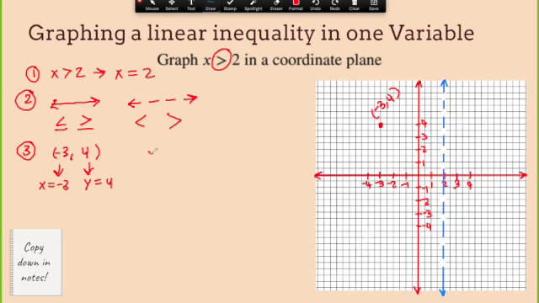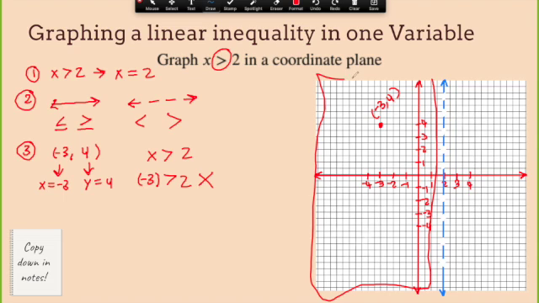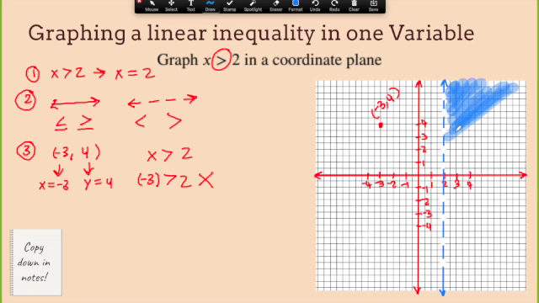And my statement is x is greater than 2. Since we're using the x value, I'm going to plug in -3 and see if that's a true statement. -3 being greater than 2 is a false statement. So that means that any ordered pair on the left side of this line is going to be false. But that also means that anything on the opposite side, so anything on the right side here, is going to be a true statement.